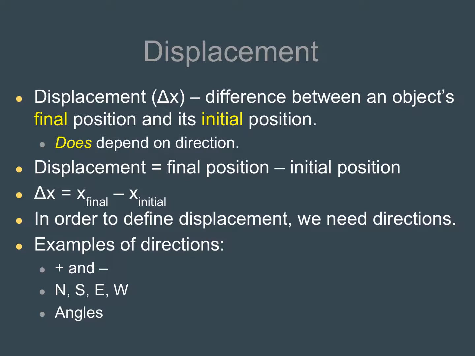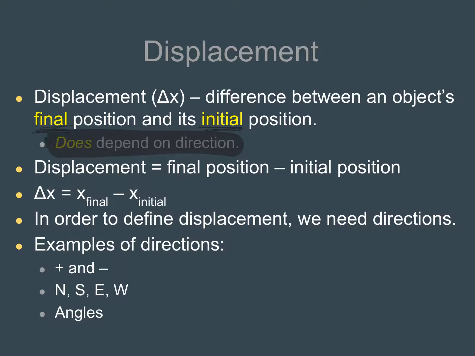Okay, here's where stuff gets a little different. When we are talking about physics in this class, we're going to call something displacement. Okay, so this is what we call the difference between where the object starts, or its initial position, and where it ends, or its final position. This depends upon direction.